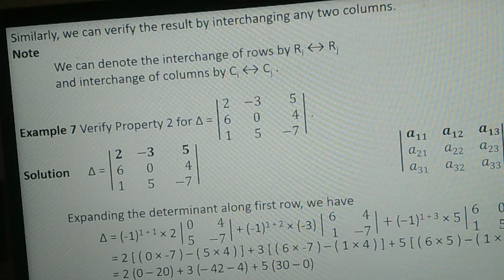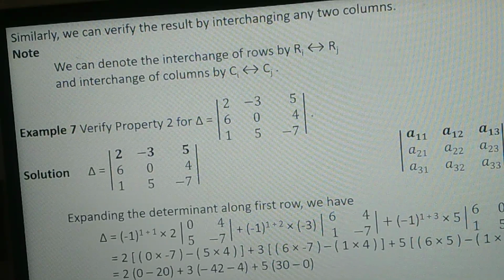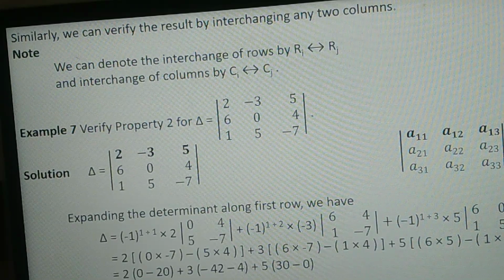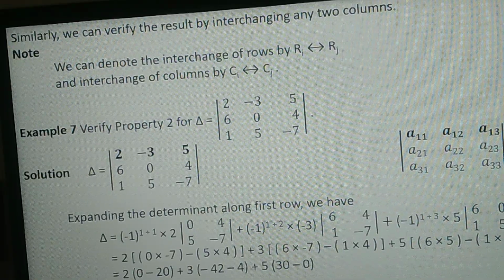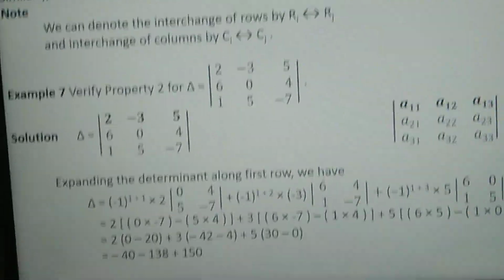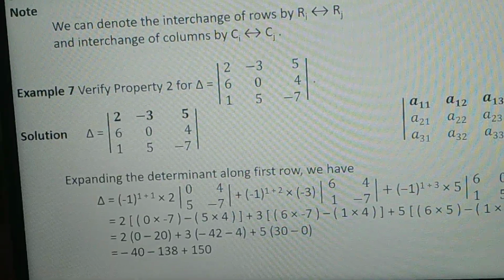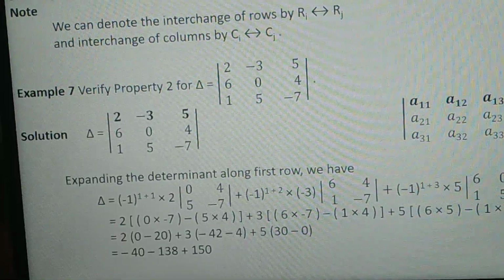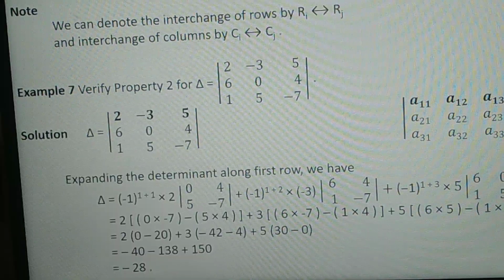So, which is equal to 2 into (0 minus 20) plus 3 into (minus 42 minus 4) plus 5 into (30 minus 0), which is equal to minus 40 minus 138 plus 150, which is equal to minus 28.